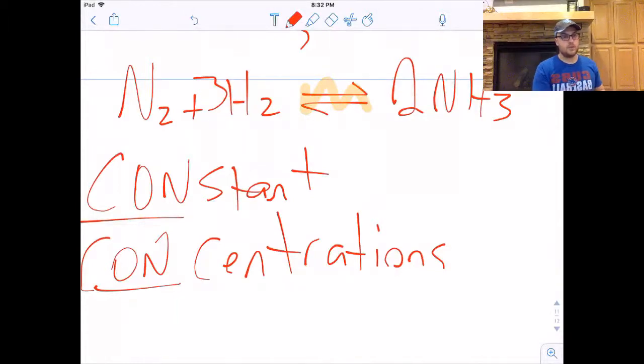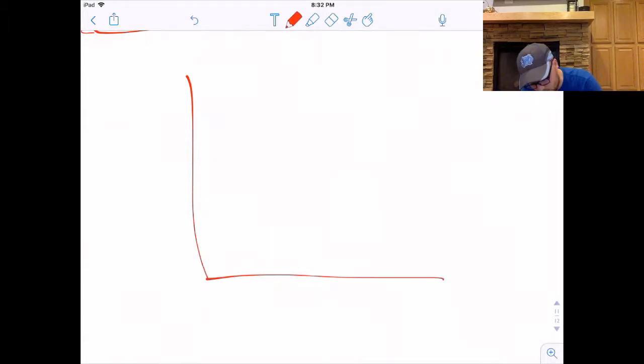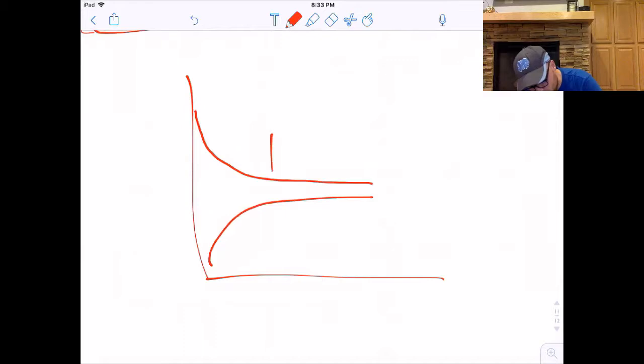And we did a water lab, kind of silly, but it showed this. As long as you and your partner took the water in the straws, dropped them into your graduated cylinders at equal rates, you saw a graph that looked like this, or something similar to this. At some point, the concentrations of your water in both graduated cylinders stayed constant.